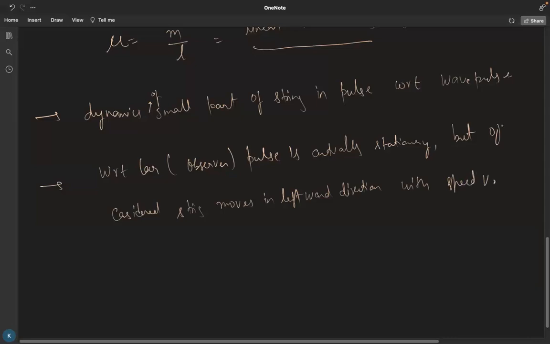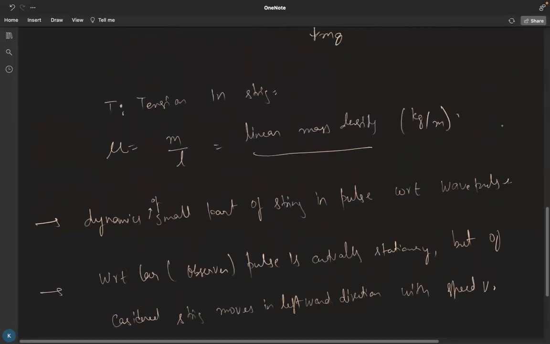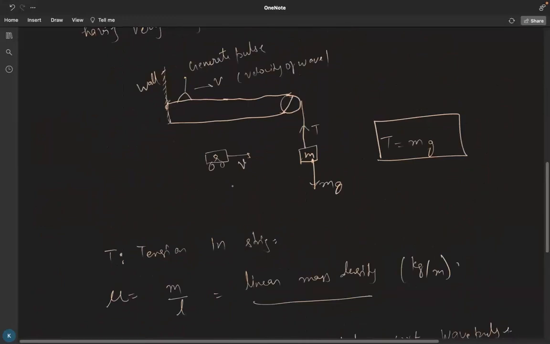With respect to the car, what I'm trying to say is, if I'm sitting in a car which is moving with the same speed as the velocity of the wave, what I observe is that the velocity of the wave and the velocity of the car are the same.